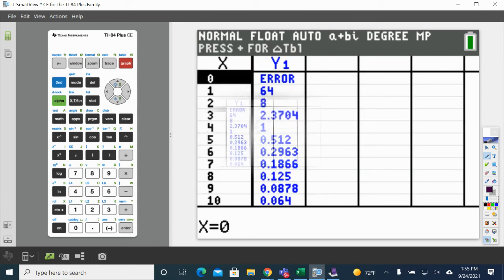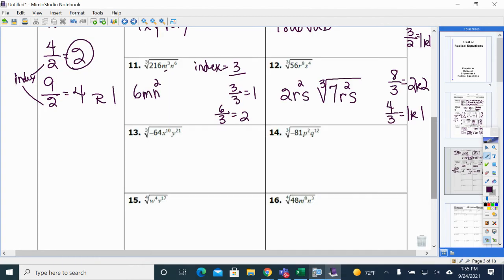Notice again, there's a 1 in the y column, which means that 64 is a perfect cube. It's equal to 4. So in this case, it's going to be negative 4. Odd index, because it's an index of 3, the negative on the inside means there's a negative on the outside.